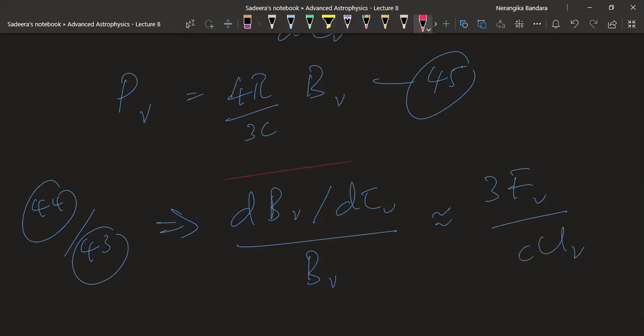And by earlier reference, this would be an anisotropic term, and this would be the isotropic term.